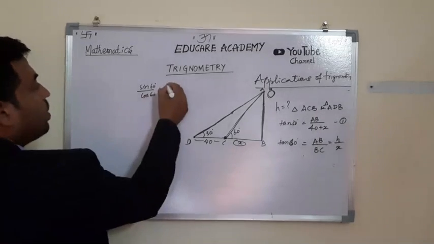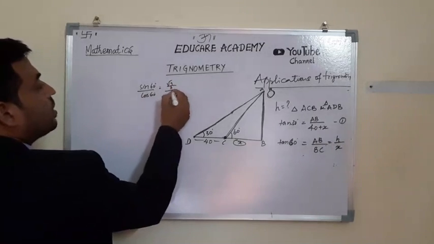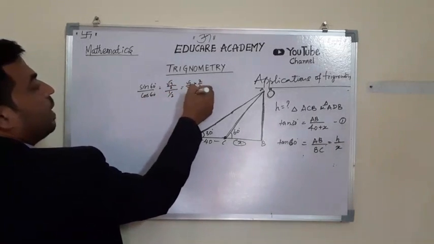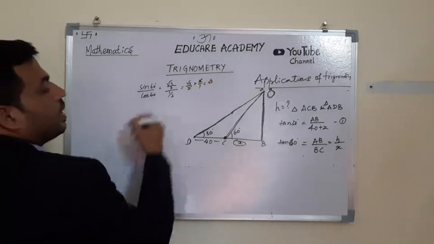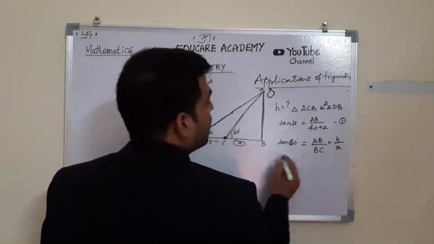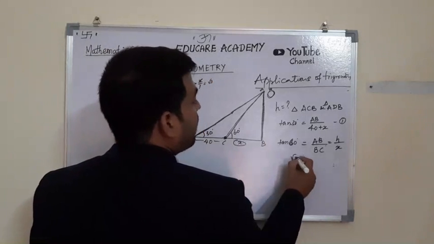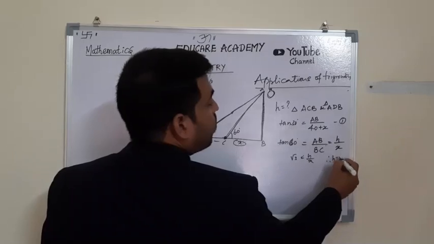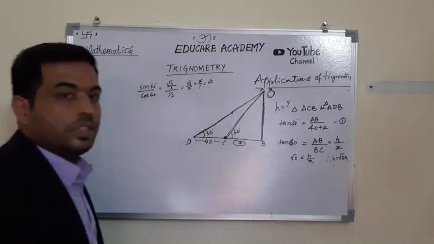Sin 60 is root 3 by 2, cos 60 is half. So root 3 by 2 multiplied by 2 by 1, so it is root 3. So tan 60 is root 3, equal to H by X. So therefore we got H is equal to root 3 X, root 3 into X.